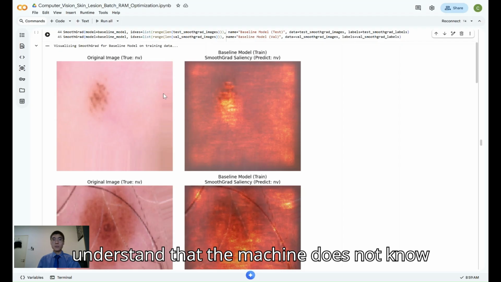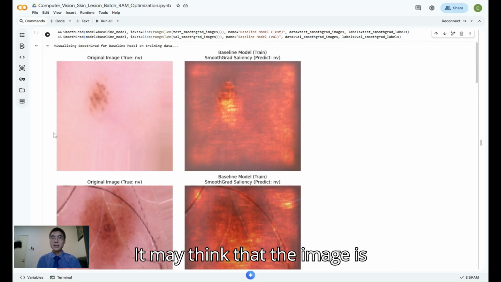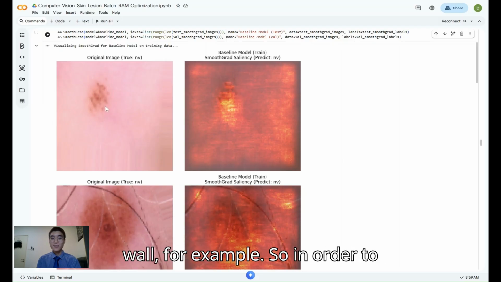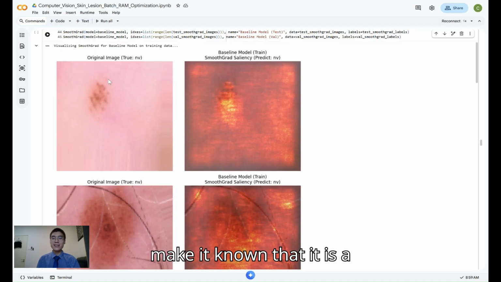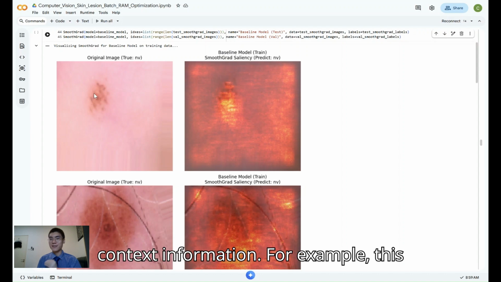Why? Because you have to understand that the machine does not know that the image is a skin image. It may think that the image is some black stains on a red colored wall, for example. So in order to make it know that it is a skin image, we need to provide some context information.